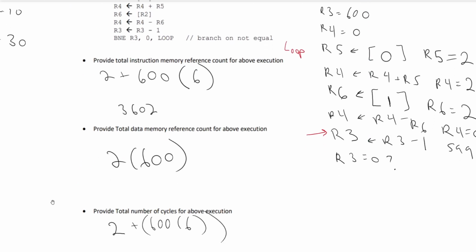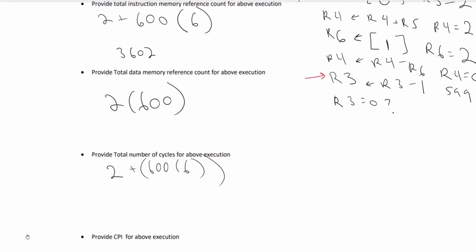And then, okay, provide CPI. Did he ever explain CPI? I don't even know what it stands for. Do you remember? Cycles per instruction, I think. Close enough.